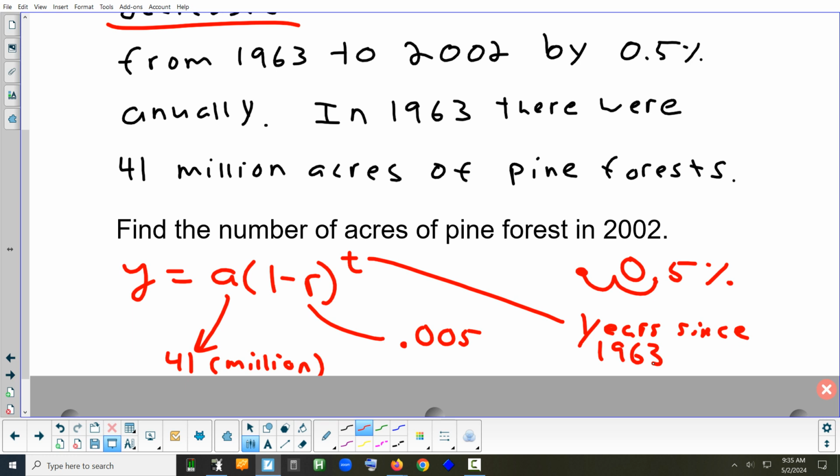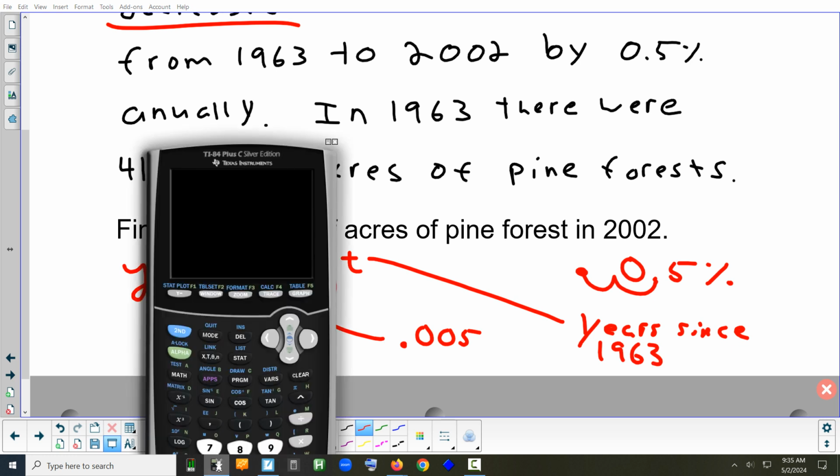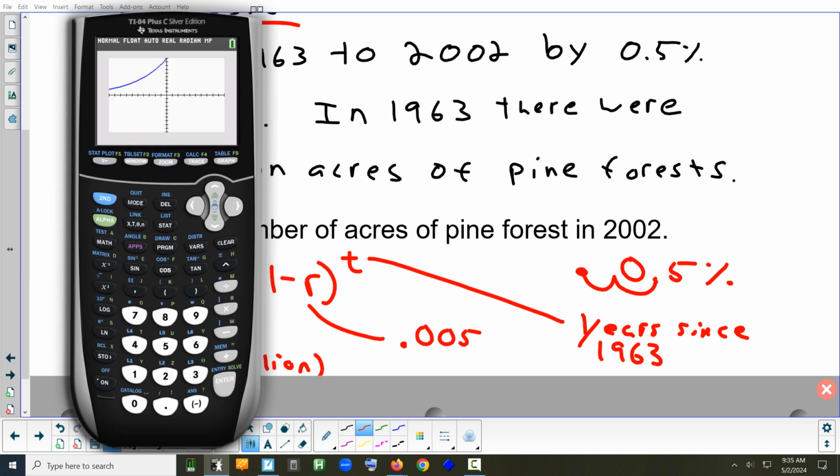Okay, so we're just checking to see if this model was accurate in the past. So we have to figure out how many years since 1963 is 2002. How could I use my calculator to do that? 2002 minus 1963 gives us 39 years.